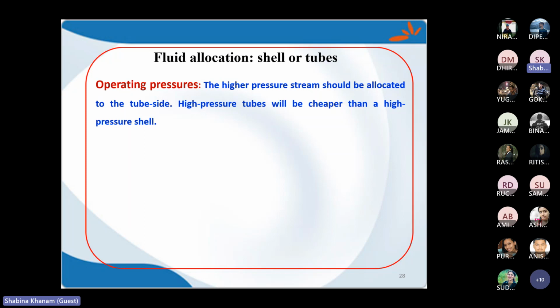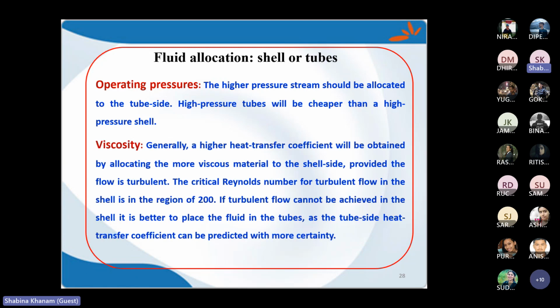The diameter of the tube is less, so a less thick wall will be used for the tube in comparison to the shell. Therefore high pressure tubes will be cheaper than a high pressure shell. So high pressure fluid should be allocated to the tube side, not the shell side. Okay, now viscosity.